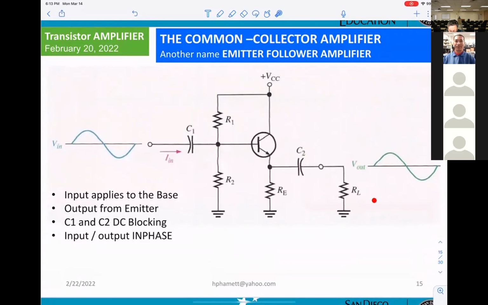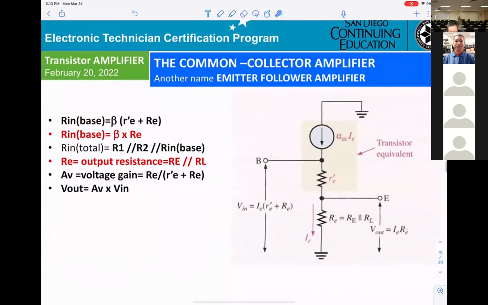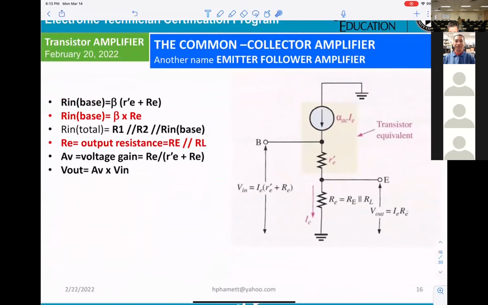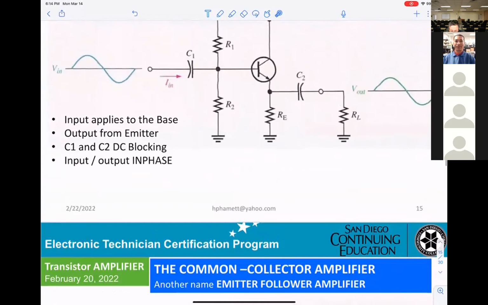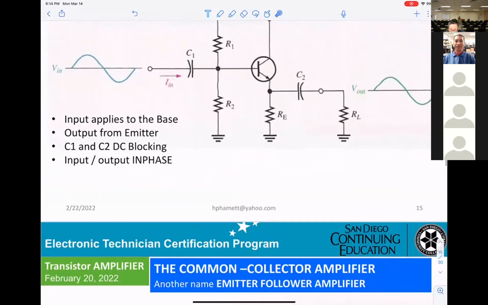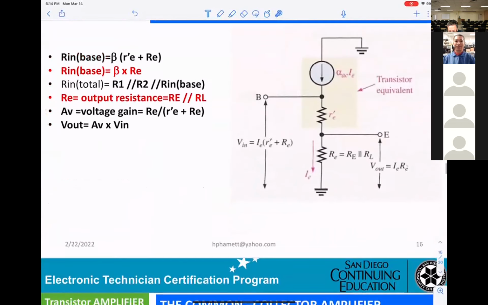And basically, you can get RL, okay? So RL will be parallel with big E. That means the output impedance of the common collector, R small e, equals RE parallel with RL.